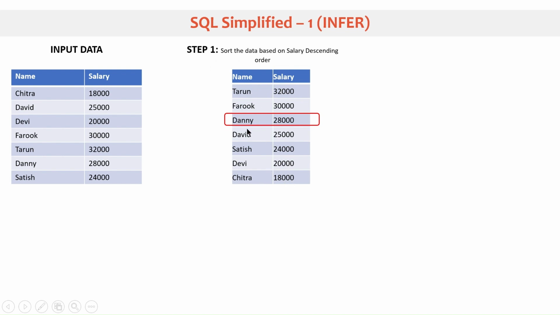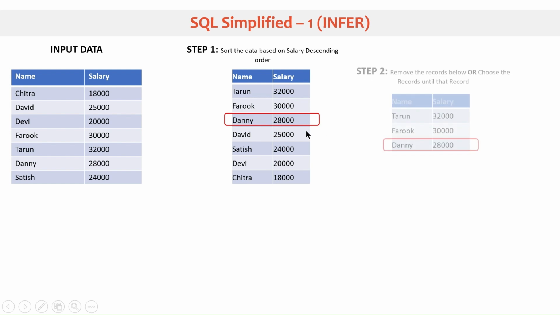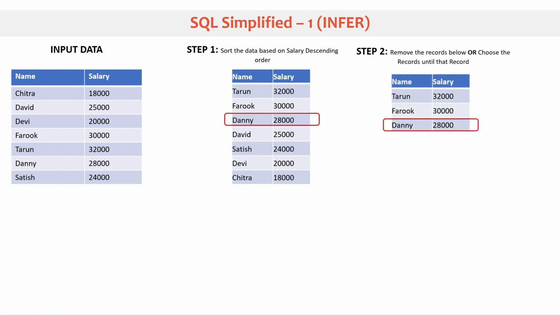Now you see this is the solution, right? This is what we need to get. Danny, 28,000, is going to be the output. But how can we further fine tune and get only that particular record? The second step is to remove the records below, or choose the records until that record. Either remove these records because they are not needed, or choose only these three records.